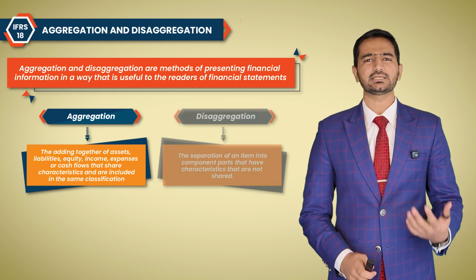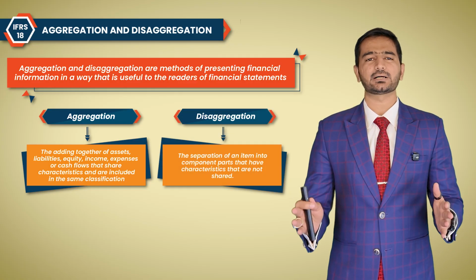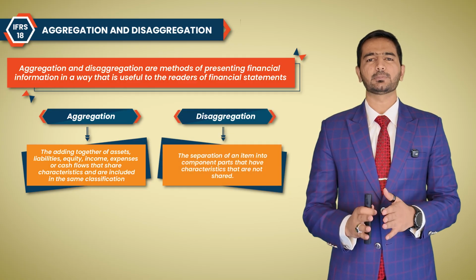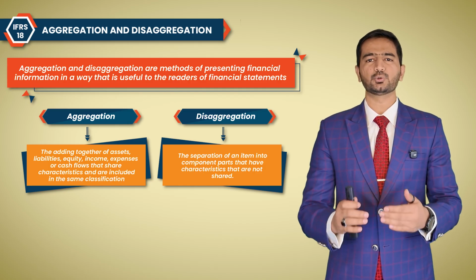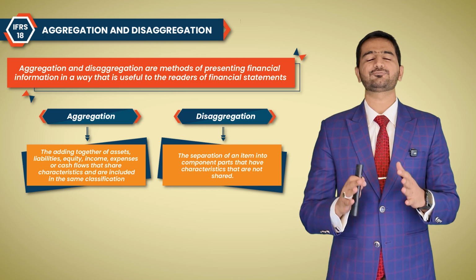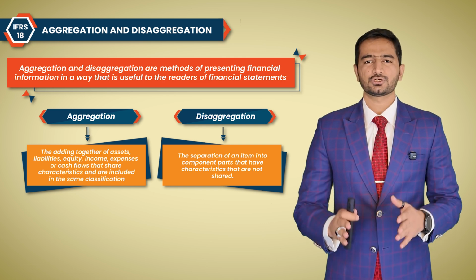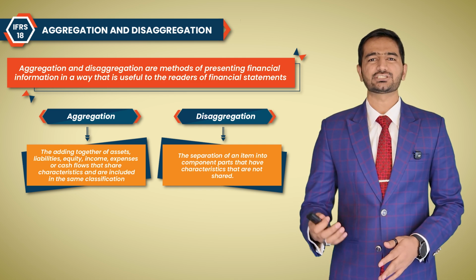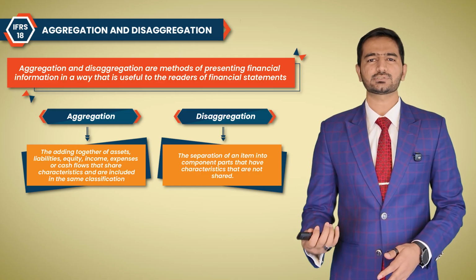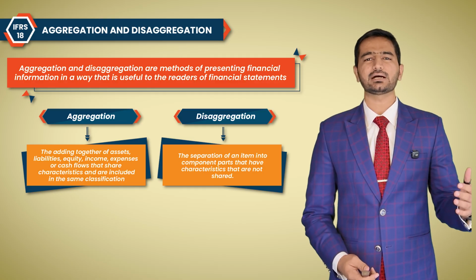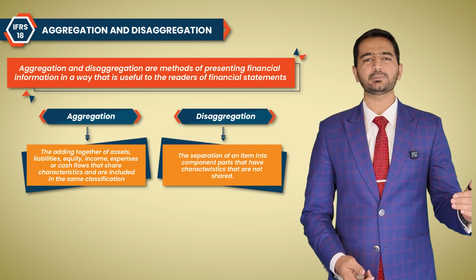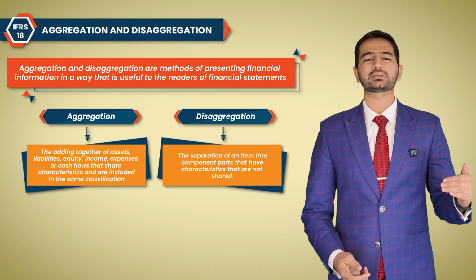And disaggregation, on the other hand, is breaking things apart into their meaningful components. It is when you break down an item into more detailed components to provide further clarity. So in accounting terms, aggregation means to combine similar items into one line item, and disaggregation means to break down a line item into more detailed parts when users need more clarity.